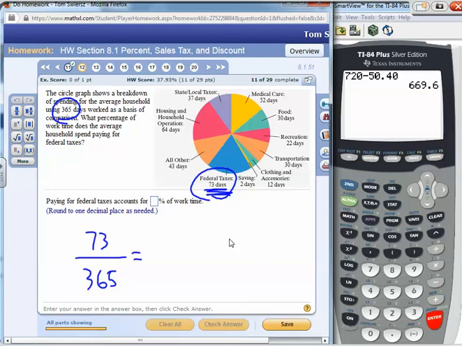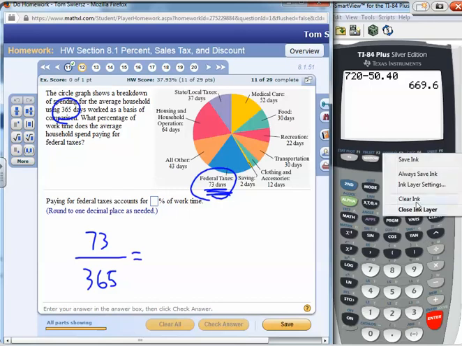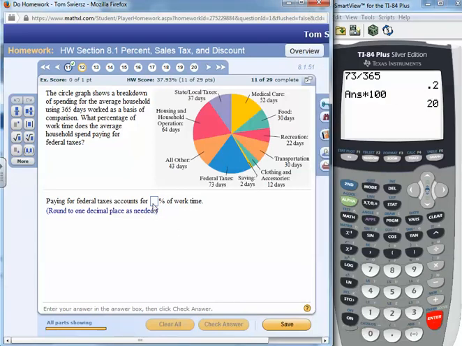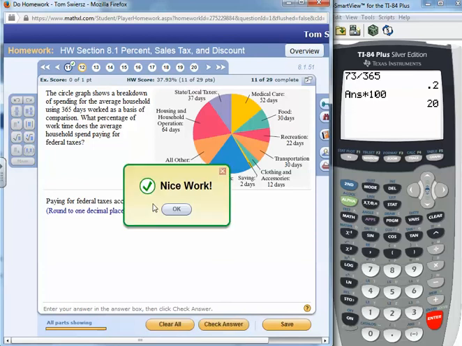So it's 73 days out of a total of 365. So we'll do that on our calculator. 73 for federal divided by the total, 365 days in a year, we get exactly 0.2 times 100, or move it over two places, and we would get exactly 20%.